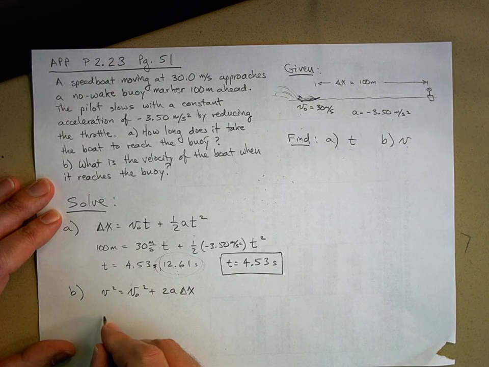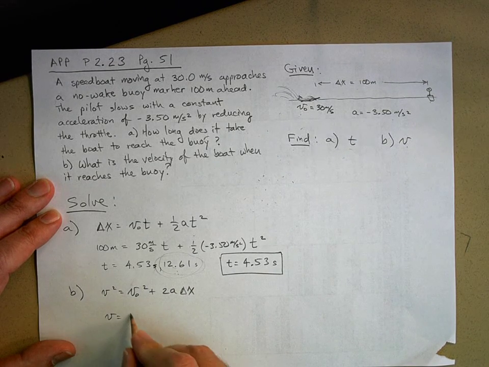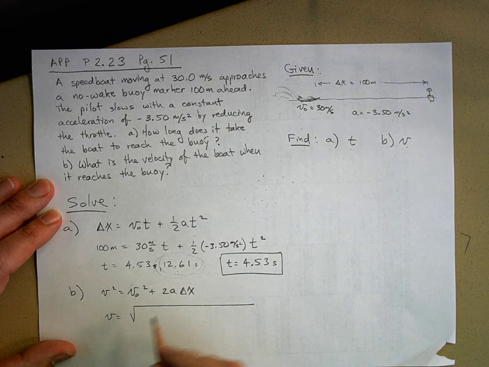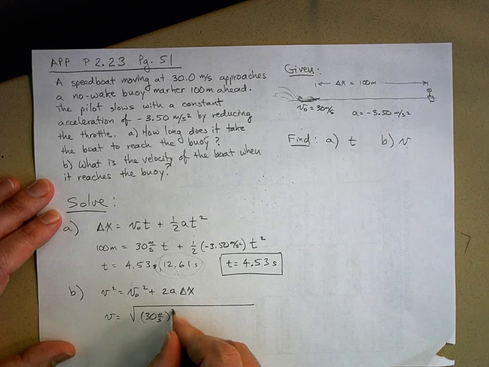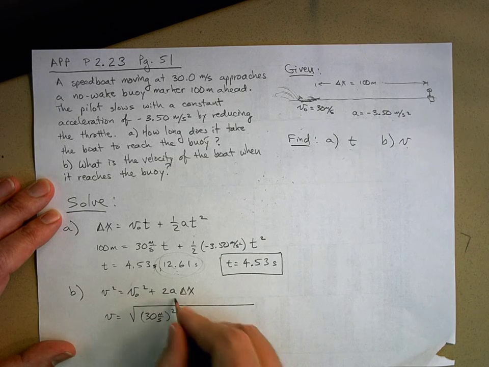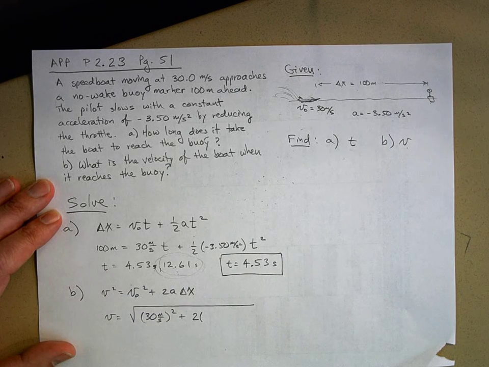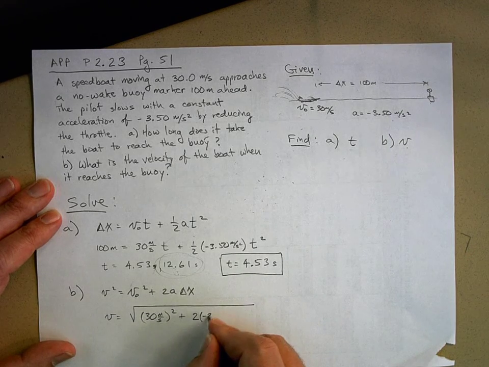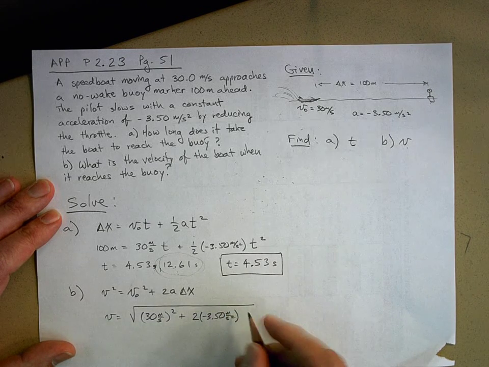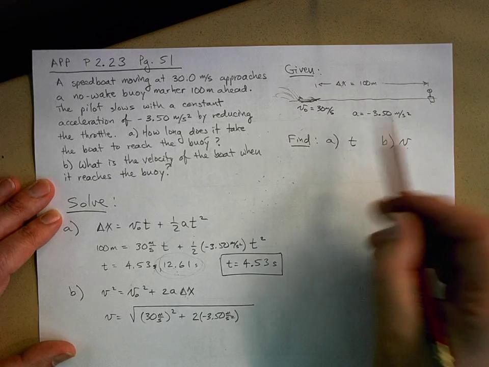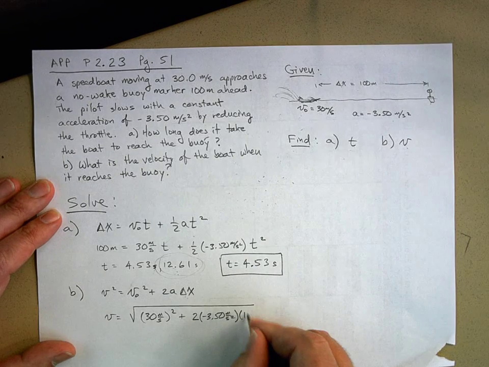And so v is going to be equal to the square root of v naught squared plus 2 times the acceleration, negative 3.50 meters per second squared, times delta x, which is 100 meters.